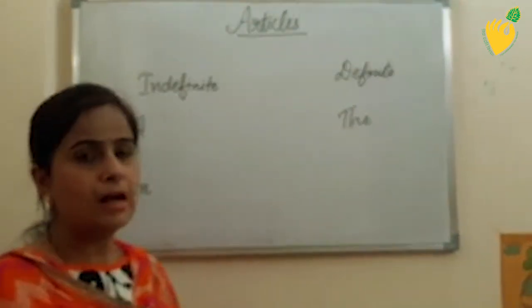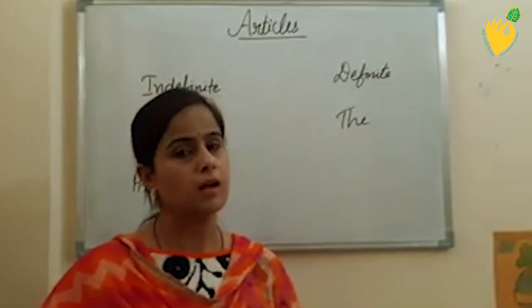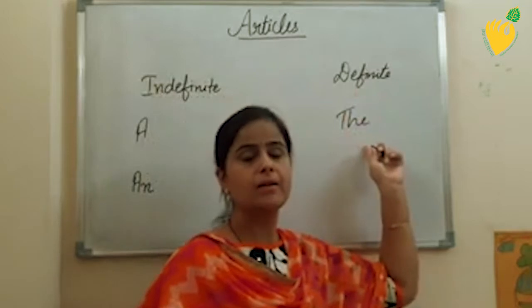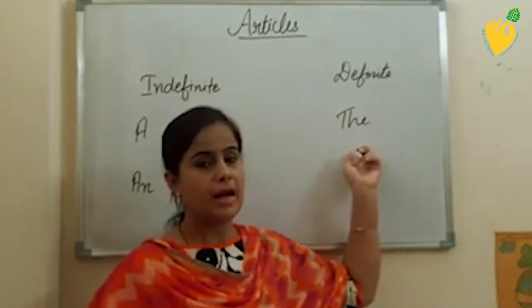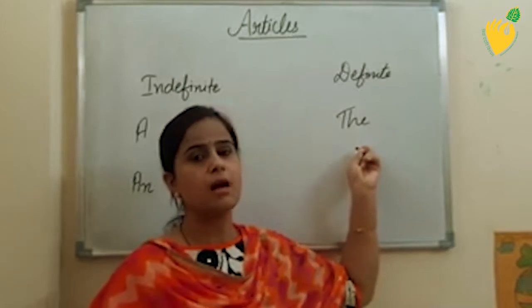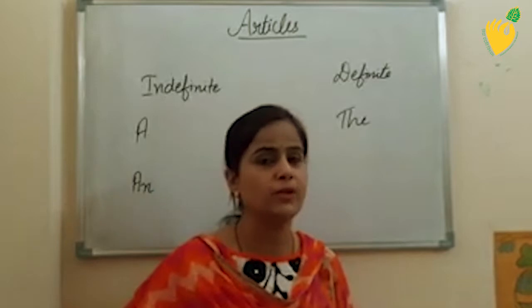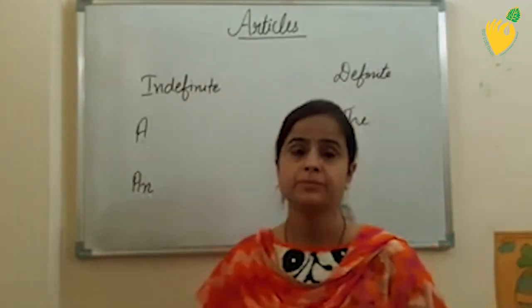Indefinite articles a and an are used before singular countable nouns, and the definite article the is used with singular as well as plural nouns and with countable as well as uncountable nouns. So first I am going to explain indefinite articles a and an.